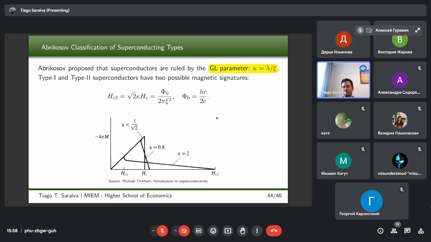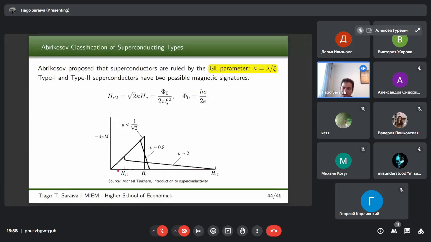Anyway, for type 1 superconductors, the magnetization is exactly the negative of your applied field. If this is your applied field H, we call it H to differ between the local field and the applied field. This is the field I control. This is the experimental parameter I control. This is why we call it H.